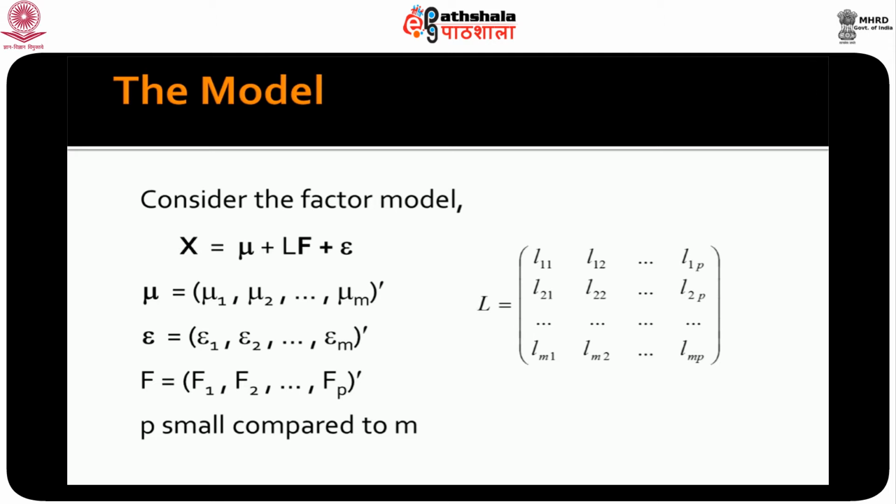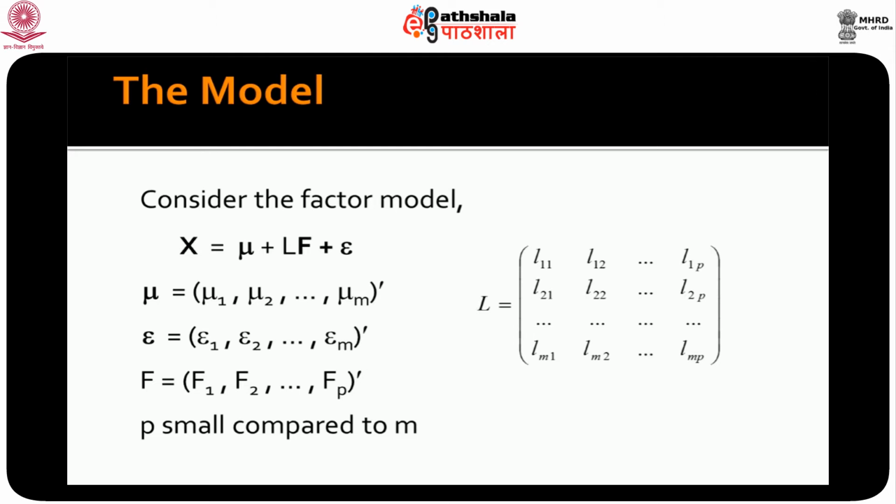Mu is the mean of the process and L is the loadings of each of these factors onto the corresponding variable. Epsilon are the specific factors, sometimes referred to as the errors. The conditions that we imposed were that f and epsilon should be independent of each other, expectation of f is equal to 0, covariance of f is equal to I, expectation of epsilon is equal to 0, and the dispersion matrix for epsilon is psi, which is a diagonal matrix.